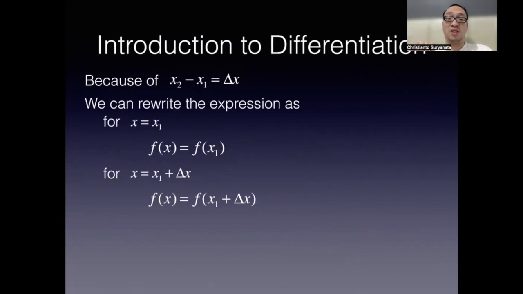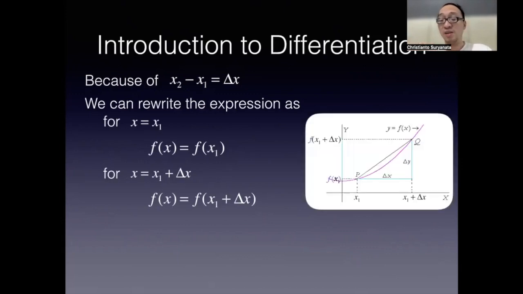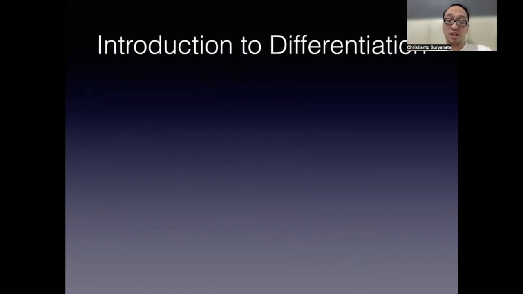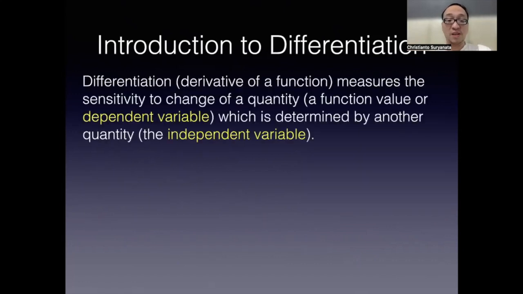Delta y is the dependent quantity and delta x is the independent quantity.